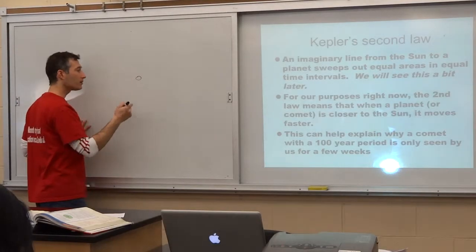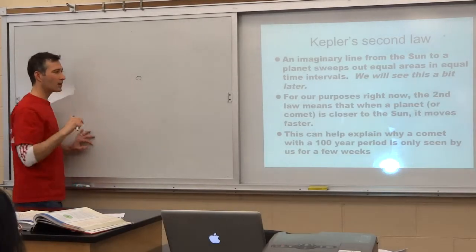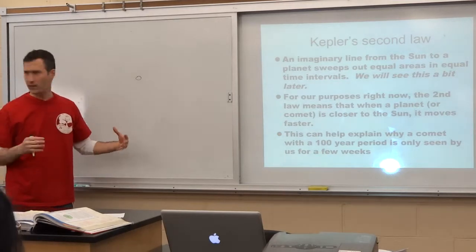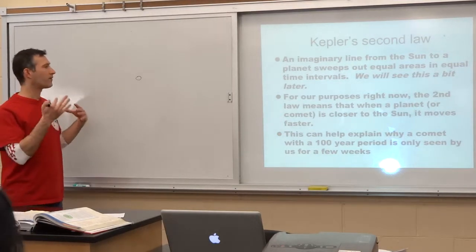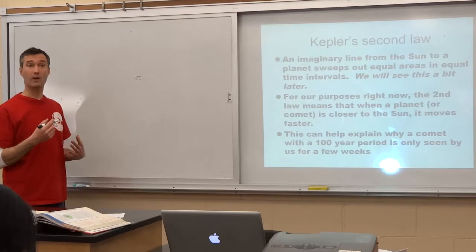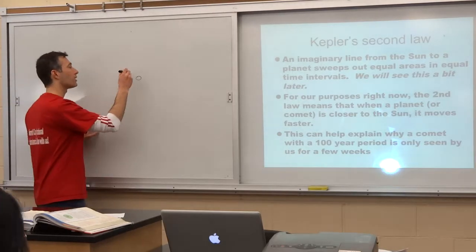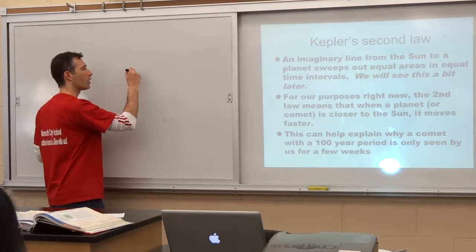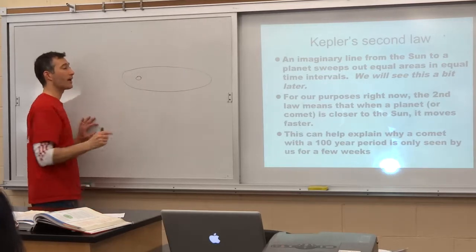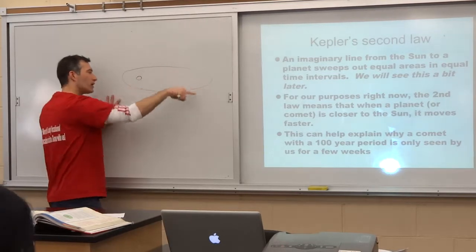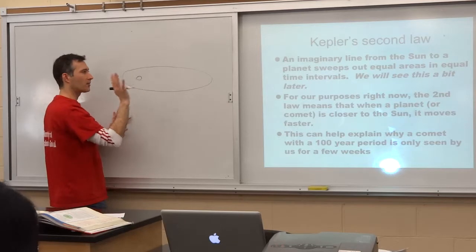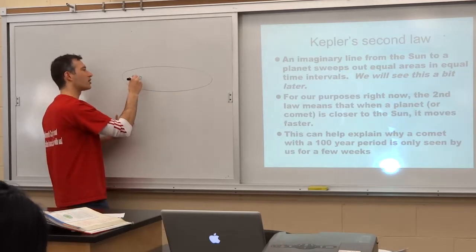All right, so let's draw this. So here's the sun. And Halley's Comet, like just about everything that's not an asteroid or a planet, has a very eccentric orbit, not circular at all. I think we saw it last class. So this would be roughly the ellipse that makes up the orbit of Halley's Comet, and then here's our sun.